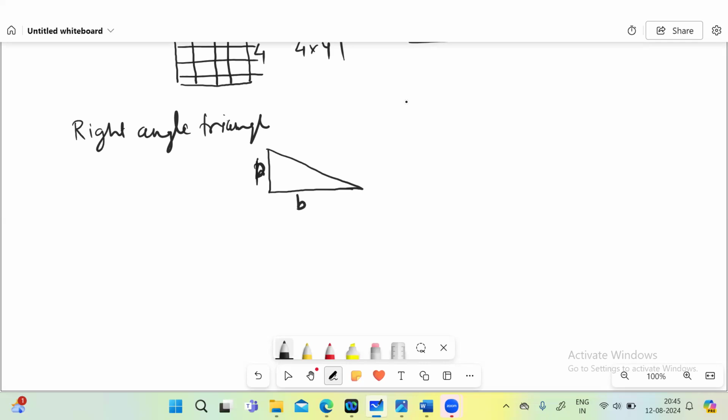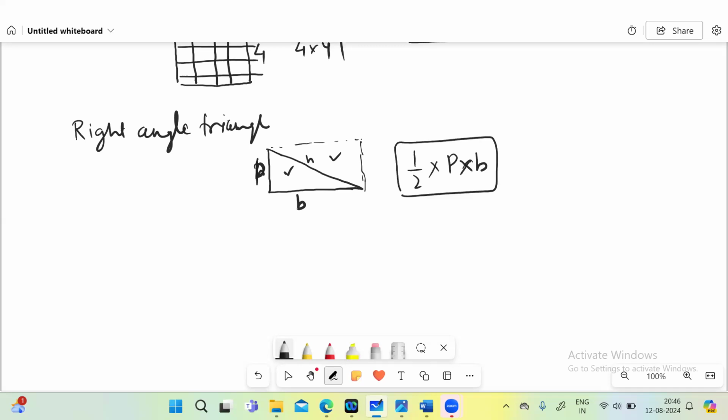Before calculating it, let's complete the rectangle, which can be made by drawing two parallel lines to the base and the perpendicular, and then we'll get a rectangle which is divided into two parts by this hypotenuse. The area of this triangle will be equal to the area of this triangle. So the area of the triangle will be half of the area of the rectangle, which is nothing but P into B.